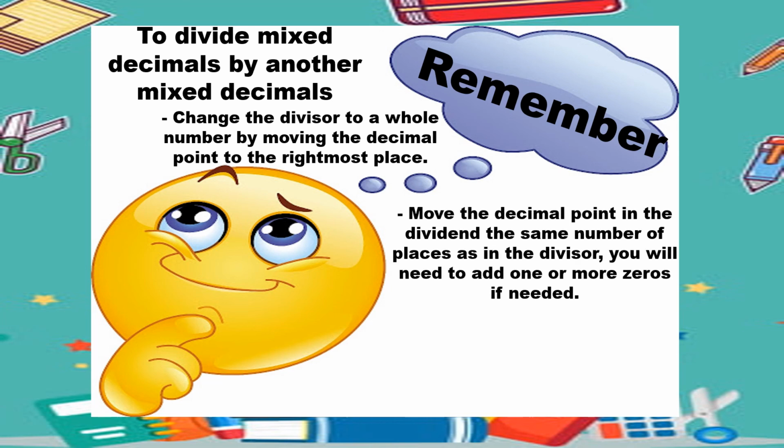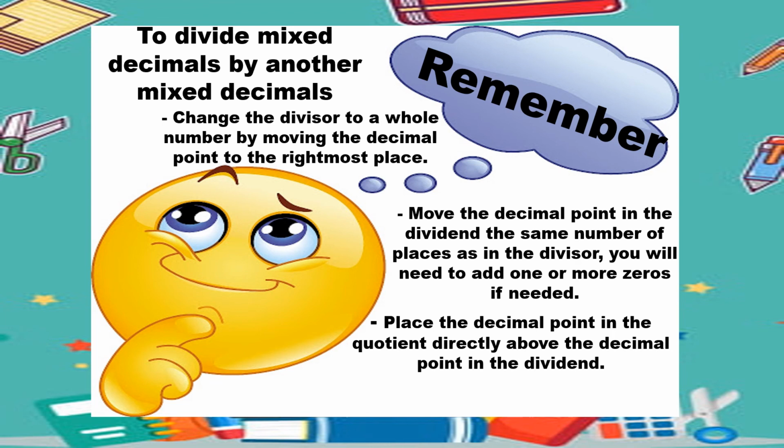Then, move the decimal point in the dividend the same number of places as in the divisor. You will need to add one or more zeros if needed. Place the decimal point in the quotient directly above the decimal point in the dividend. Then last, divide like whole numbers.